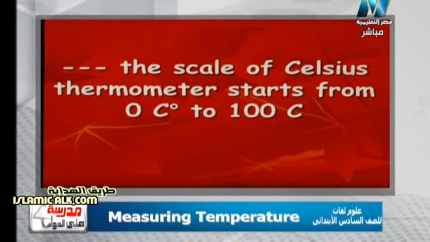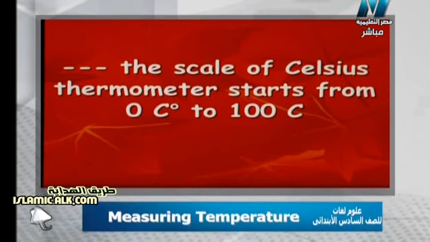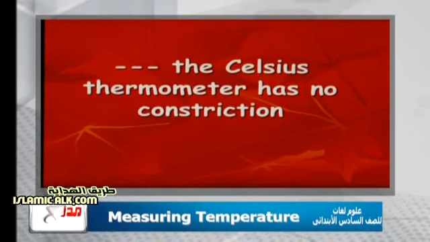In some types of Celsius thermometer it reaches 200 or even more, depending on its scale, but it always starts from 0 Celsius and reaches 100 or 200. The Celsius thermometer has no constriction at all. Why? Because again we don't need it.